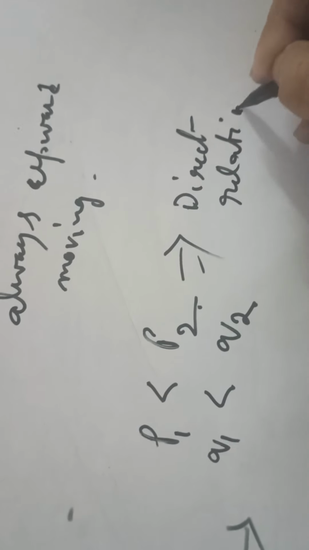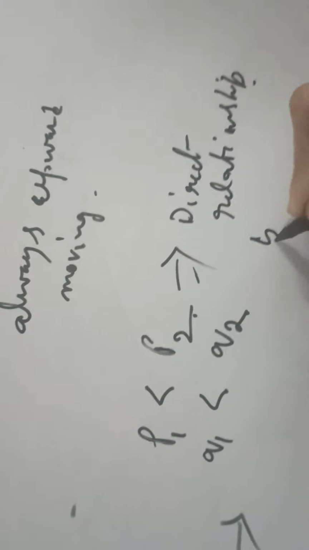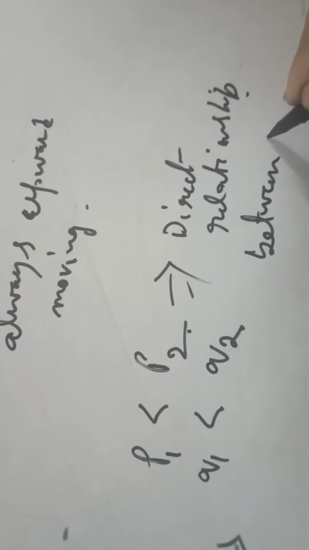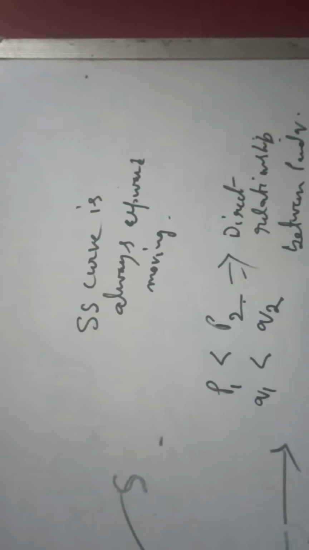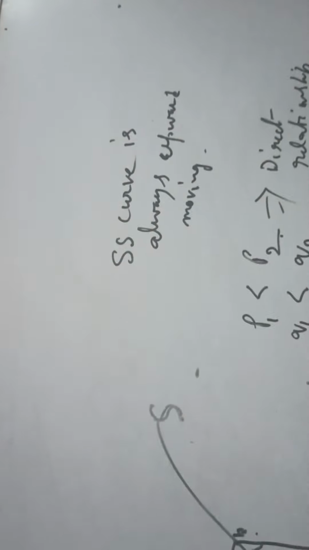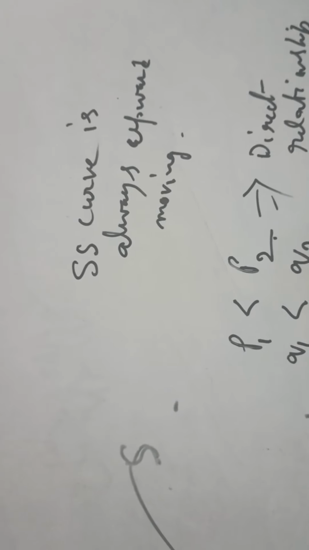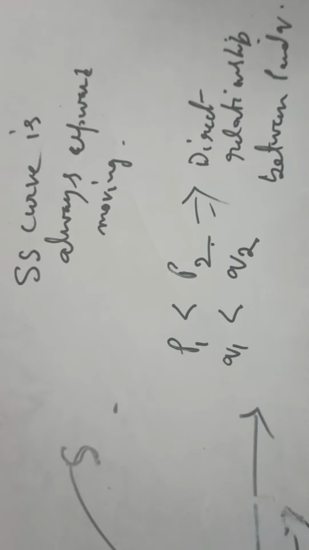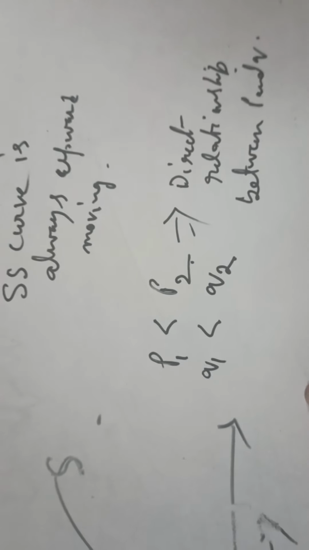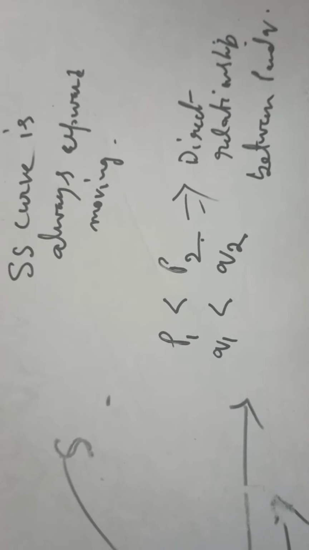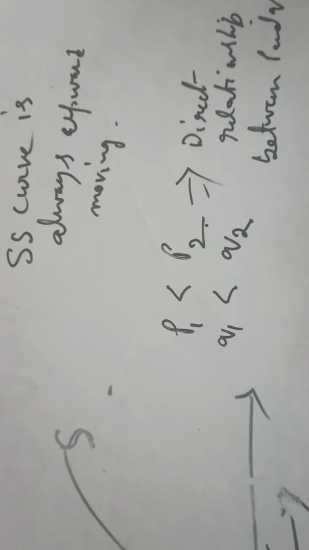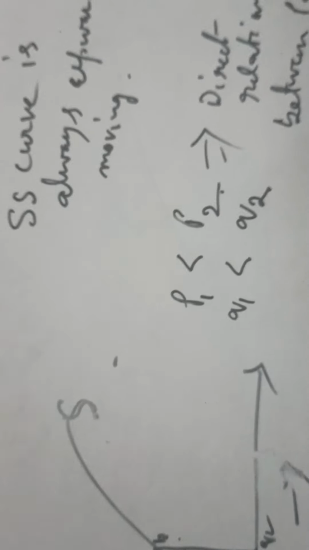So this represents a direct relationship between P and Q. Whereas the demand curve had an inverse relationship and was downward sloping. The basic assumption is that whenever price rises, the quantity supplied will rise. The reasons have already been discussed in the earlier videos.